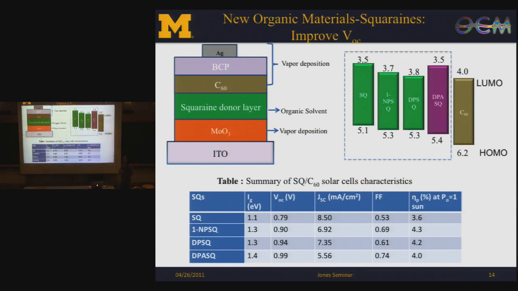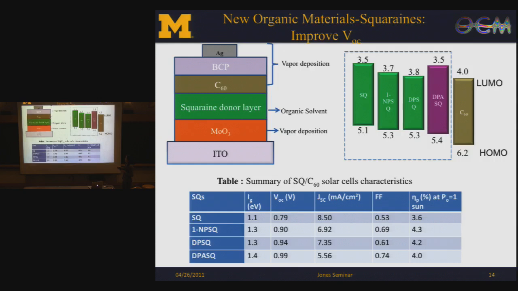So how do these four new materials behave in real device performance? We put all four new materials in the device structure. We spin cast the thin film of the squaraine materials on top of the ITO substrate.